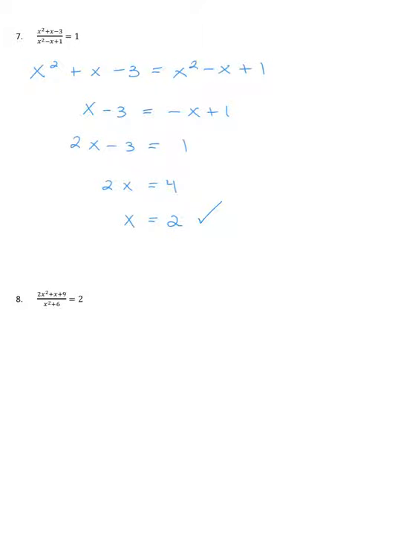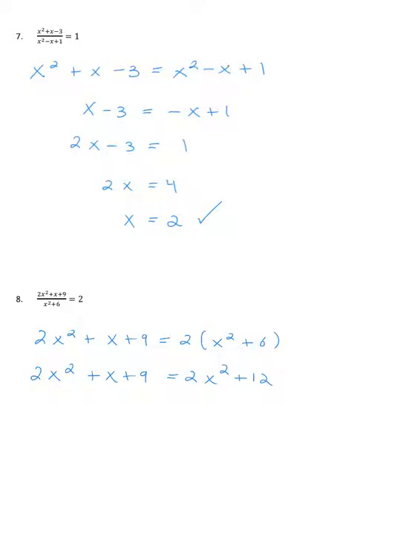Okay, I'm going to multiply both sides by x squared plus 6. And I get 2x squared plus x plus 9 is equal to 2 times x squared plus 6. I'll distribute the 2. That gives me 2x squared plus 12. And again, just like in the previous question, there's a 2x squared on both sides.